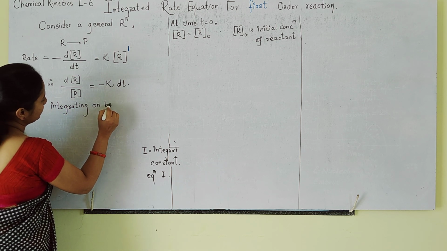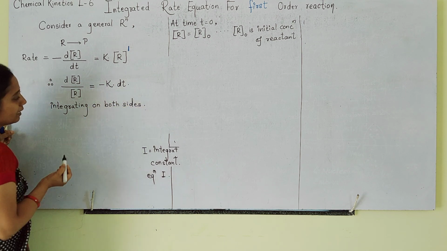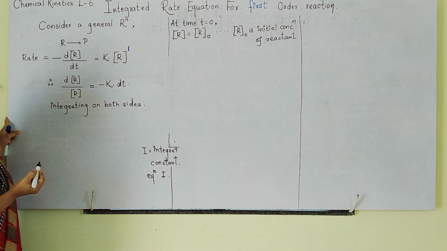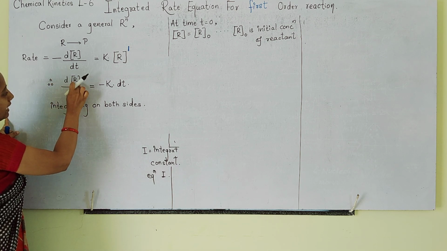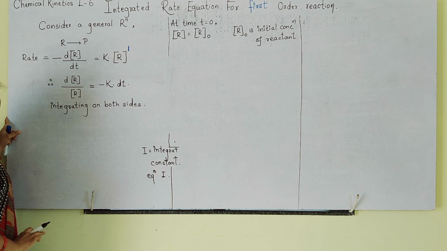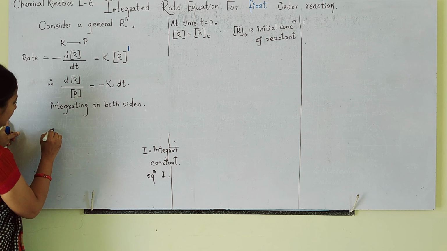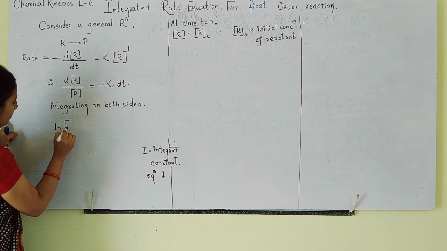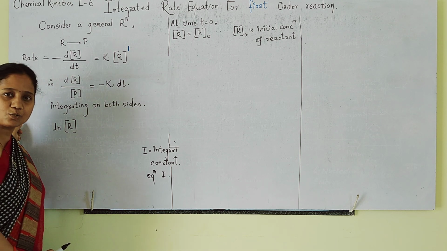Integrating on both sides. Yes, if we do integration on both sides, what you will get, students? Integration of dR by R is ln R. So here I will write ln R. What is this ln, students?